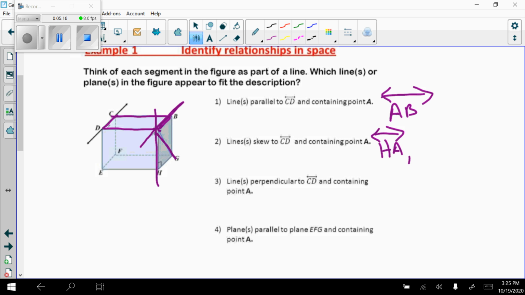I could also have GA. So line GA is not in that plane at the top. Line EA. Remember, just because the line is not drawn doesn't mean it doesn't exist. And then finally, line FA. So we have those four.